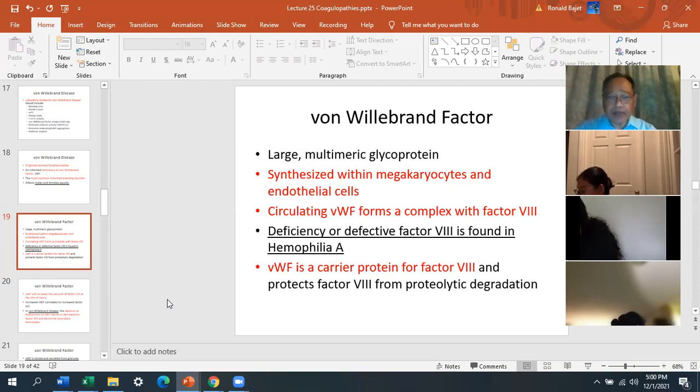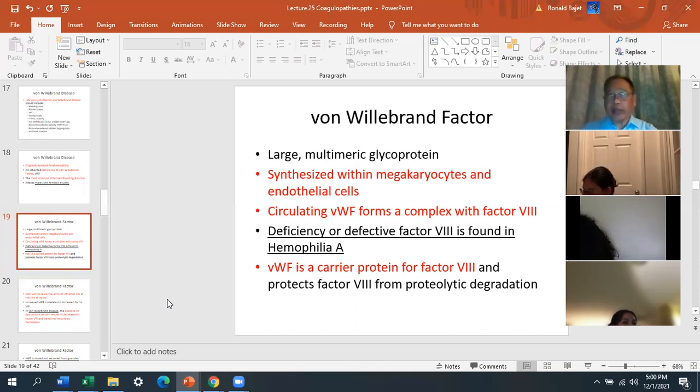Von Willebrand factor is made within the megakaryocytes and the endothelial cells. So now we definitely have a source of the problem, which is the megakaryocytes, the platelets, and the endothelial cells. Circulating von Willebrand factor forms a complex with factor 8.